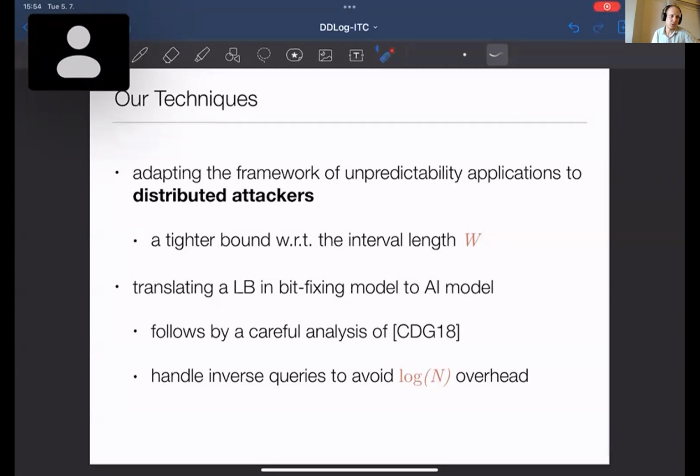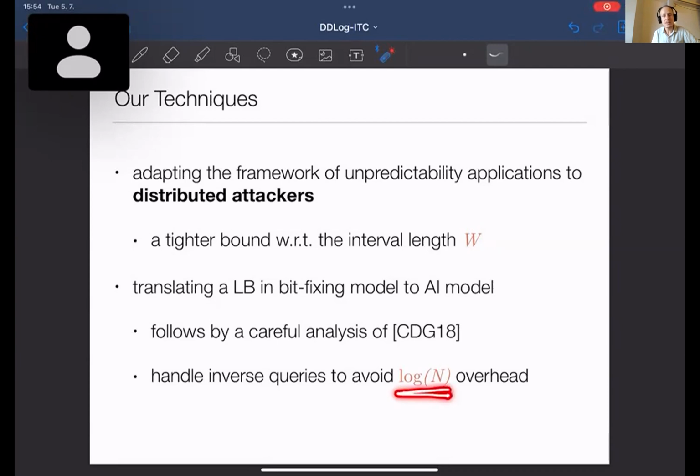One important thing that we had to address is that most of the previous works on the discrete logarithm problem considered the generic group model where the generic group doesn't allow you to submit inverse queries. In a group, you can compute the group operation and get the representation of the unit. You could in principle ask for a group element to get its multiplicative inverse, or, given the group operation, you could implement it yourself in log n group operations.